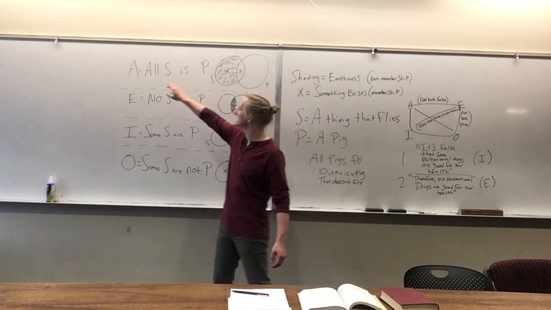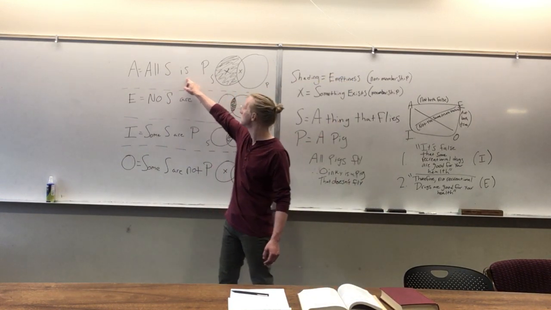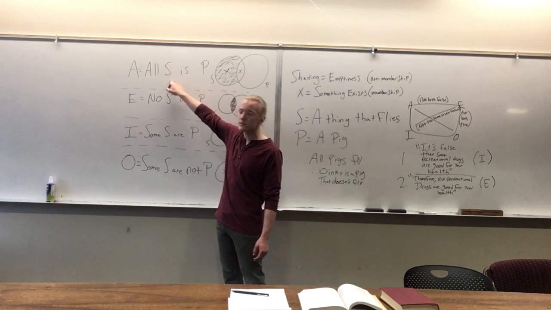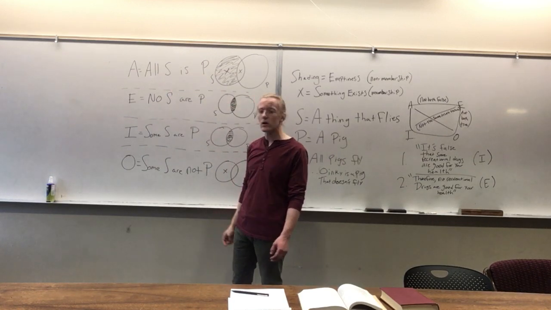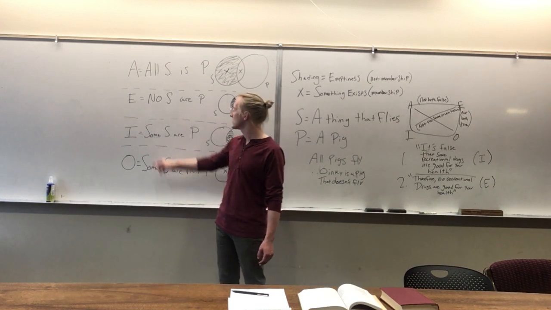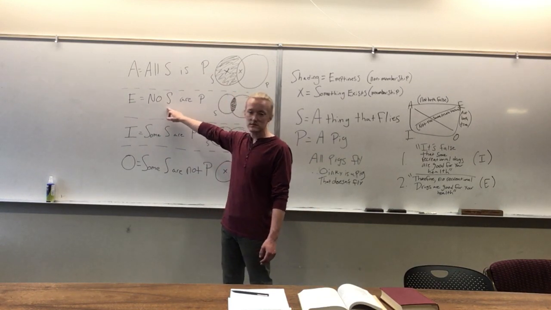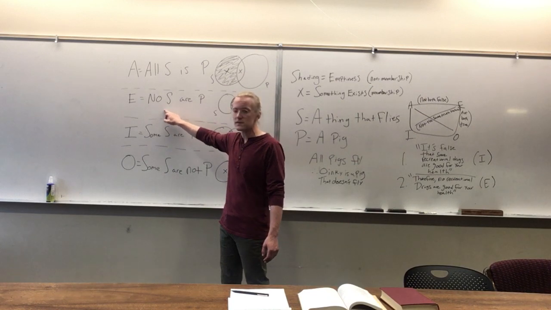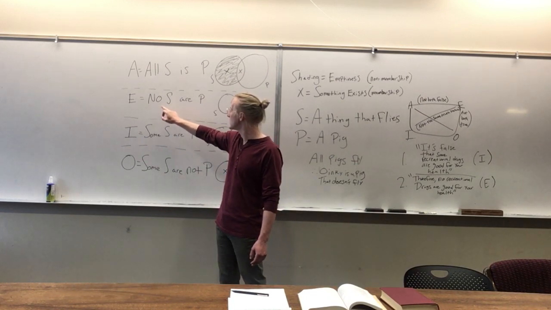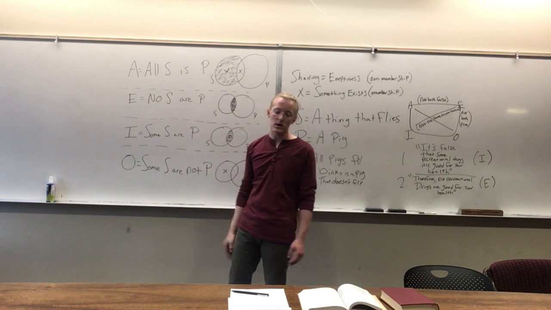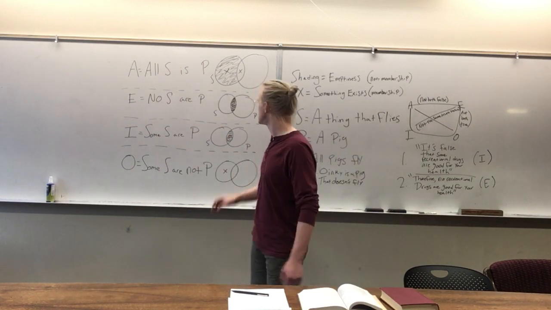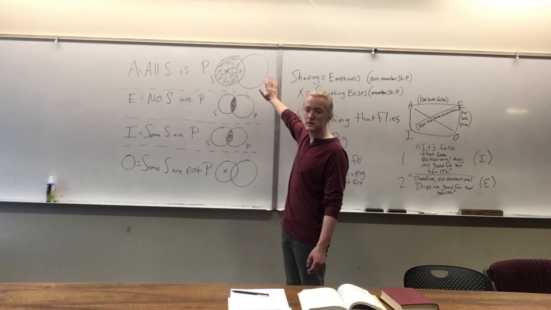They're universal statements insofar as they are positive, that all things that have this property will also have that other property, or they're negative universals, which is to say that no things that have this property. So of all of the things, no thing that has this property also has that other property. Okay? And these 2 statements do not have existential import.